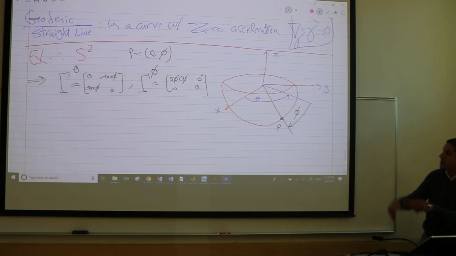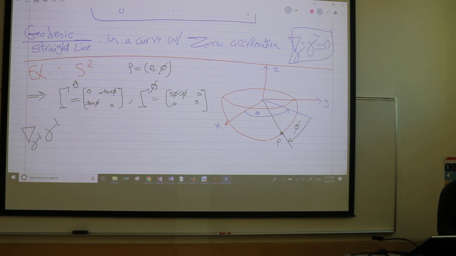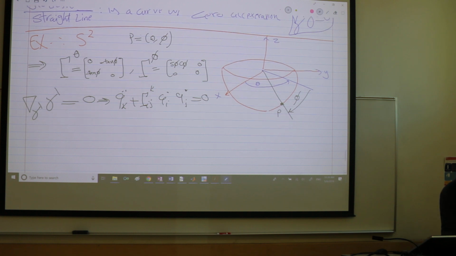Okay, so using these gammas, I can define the derivative of anything. In particular, let's define the geodesic. What is the geodesic? It's nabla gamma prime should be 0. What's the equation? The equation is q k double dot plus gamma I j k q I dot q j dot is 0. So let's do it for k equals 1, or theta.